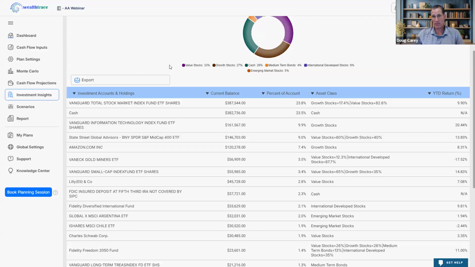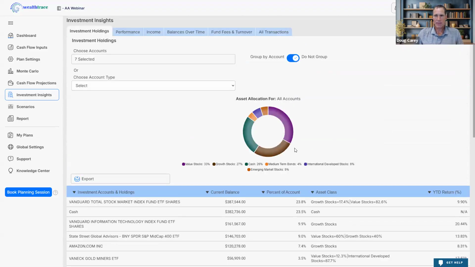One thing that might be atypical, though, is look at all that cash. I've just been alerted that I have a lot of cash. Maybe I know it, maybe I don't, but I'll show you in a second how to find that out. Down the line, you can see the different percentages, Vanguard, information technology. I can see my single biggest stock holding is Amazon at 7.4%. So very useful for that.